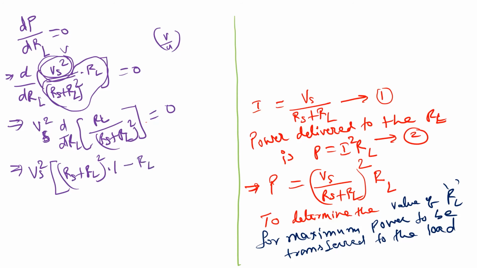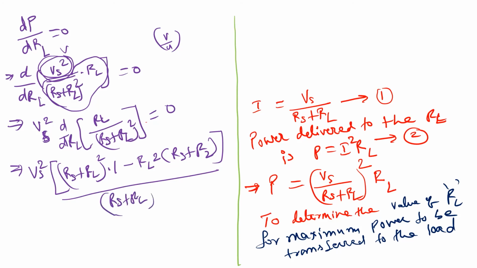Now we differentiate this one: 2 into (Rs plus RL), divided by (Rs plus RL) whole square. Already square is there, so it becomes whole power 4, equal to 0. Now Vs, when you take it downside, becomes 0.